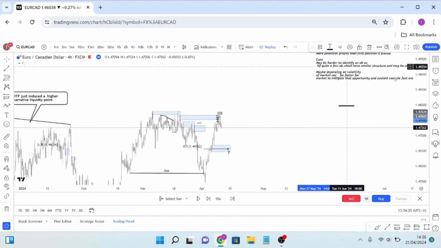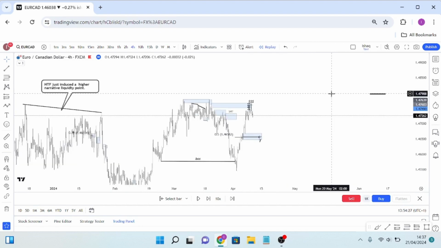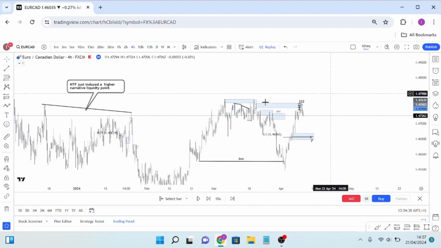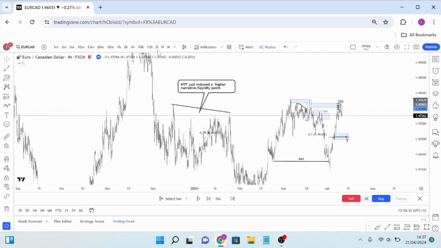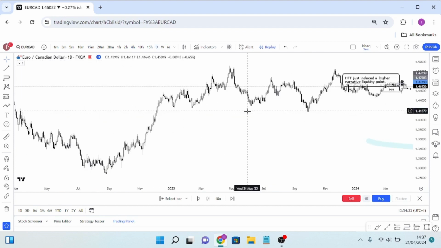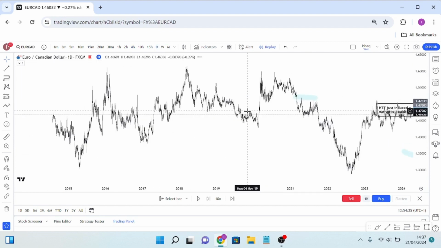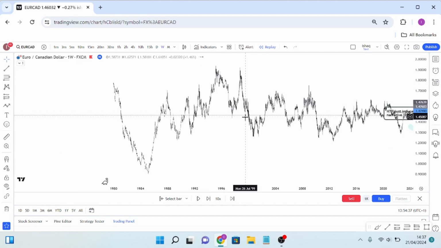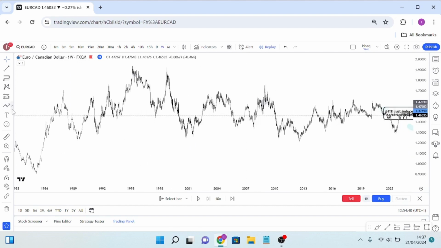Okay, now the breakdown of the trade using lower time frame entry. So on the higher time frame, market structure is clearly bearish, forming lower lows, lower highs, breaking structures.